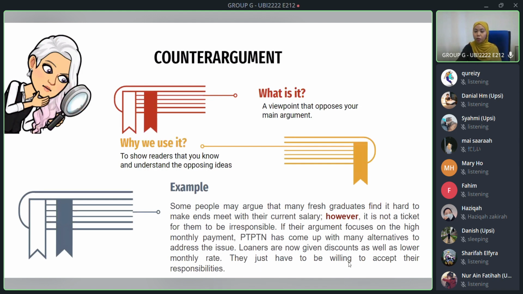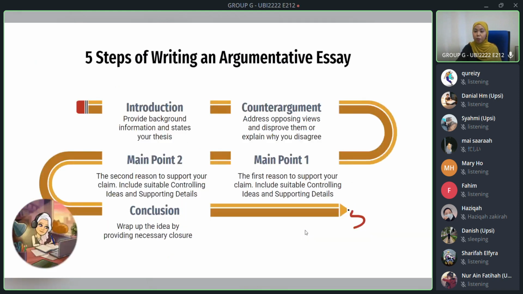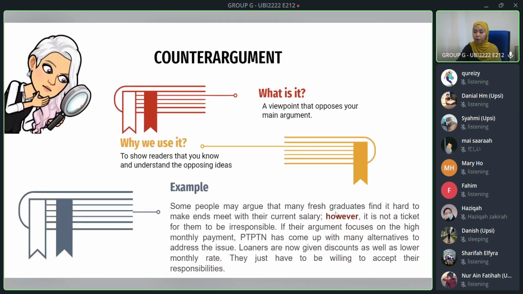They just have to be willing to accept their responsibilities. So this part, right after however until the end, is me disproving them and explaining why I disagree, by having this phrase, however, to show an opposing view. All right. So basically, the writer acknowledges them. I understand where you are coming from. I understand your main point, your point of view, but that's not how it works.